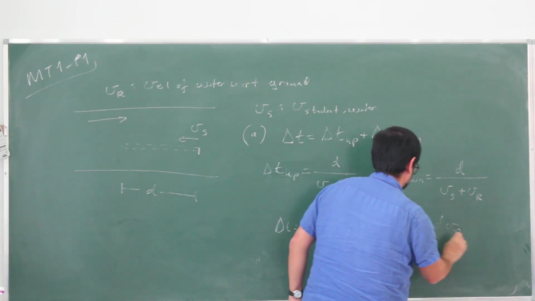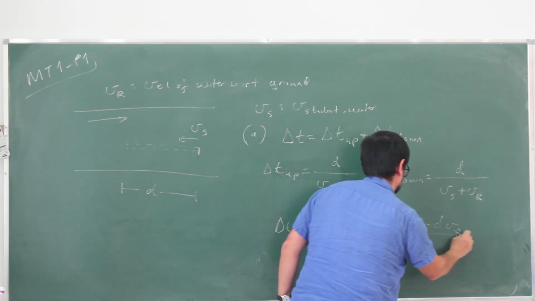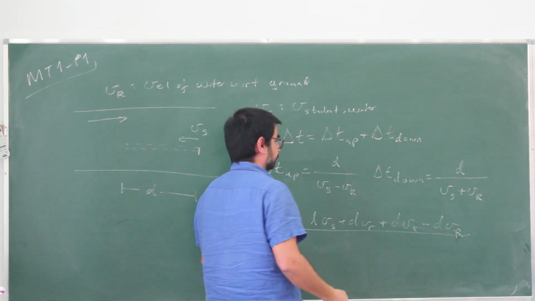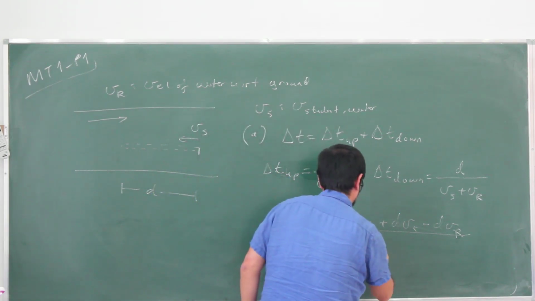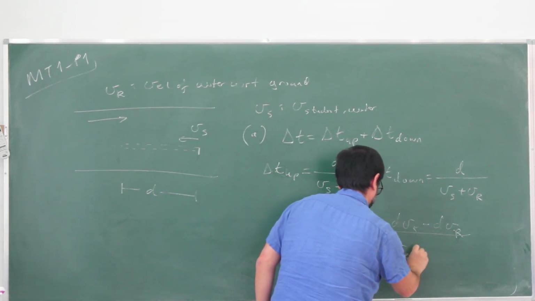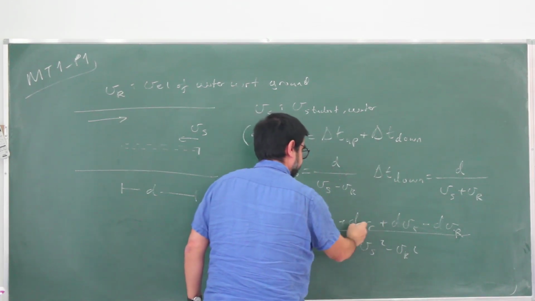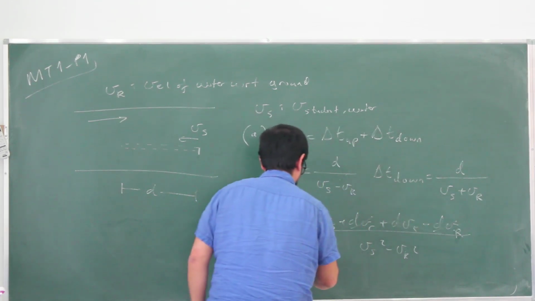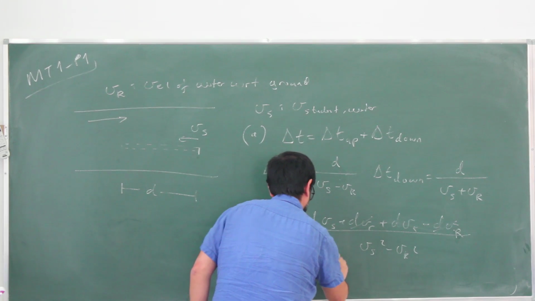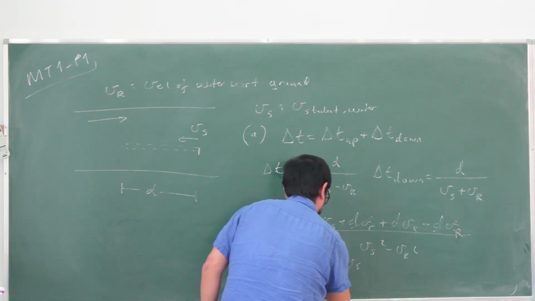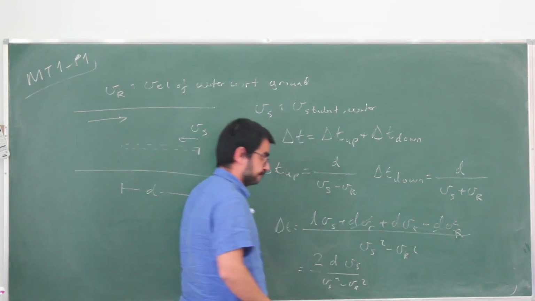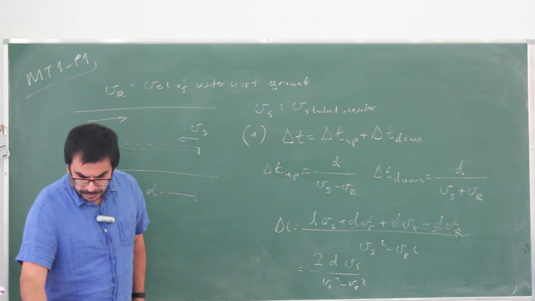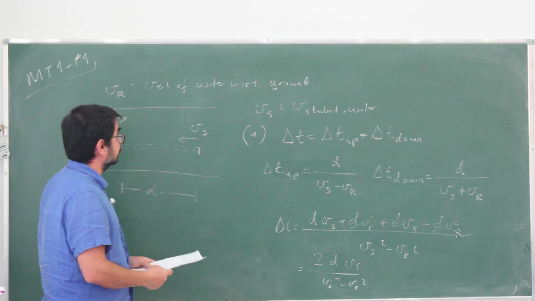We're not talking about differentials here, it's just some number divided by the product of these. a minus b times a plus b is of course a squared minus b squared. These guys add up, these guys go away, and we end up with 2d Vs by Vs squared minus VR squared. And this is what's given in the answer sheet.